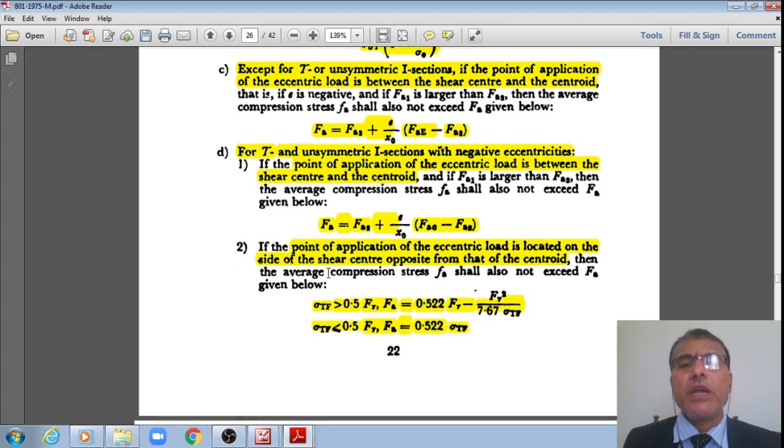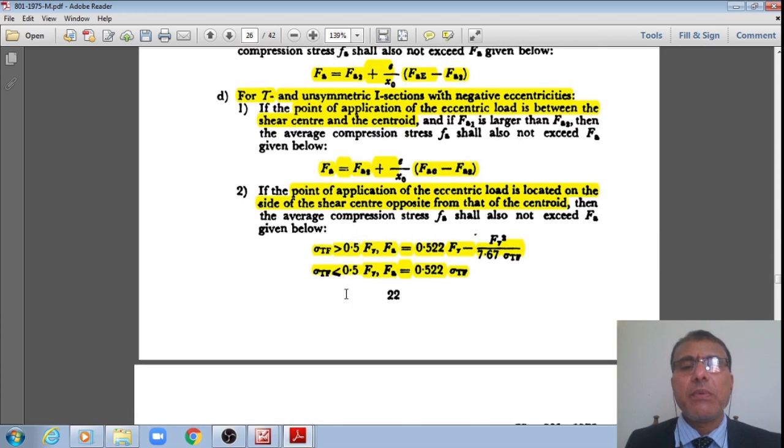Then if the point of application of the eccentric load is located on the side of the shear center opposite from that of the centroid, then the average compressive stress Fa shall also not exceed Fa given by this formula.